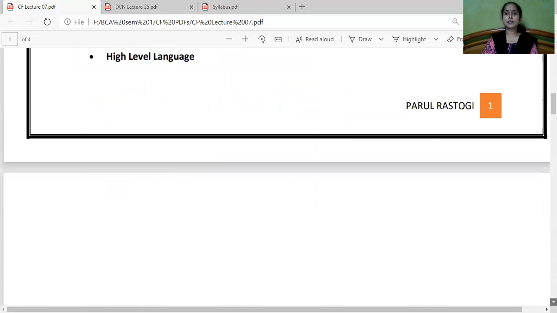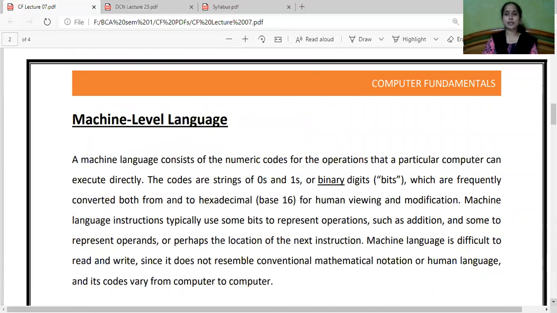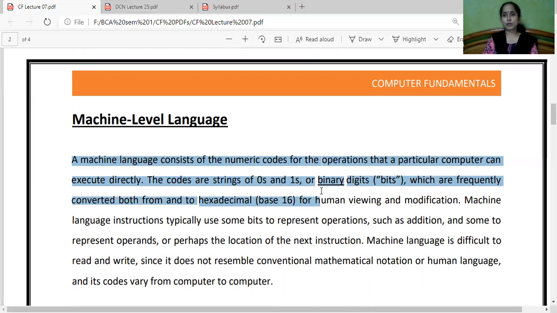To start with, the first category of language is machine-level language. A machine language consists of numeric codes of the operations that a particular computer can execute directly. The codes are nothing but combinations of zeros and ones. In the number system, I told you the basic unit of computing is the byte, and one byte is made up of 8 bits.